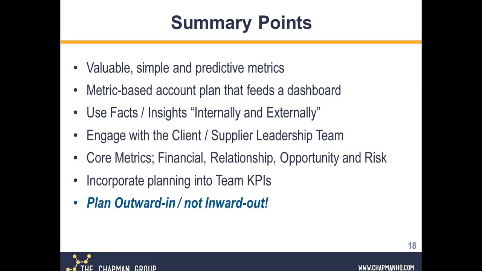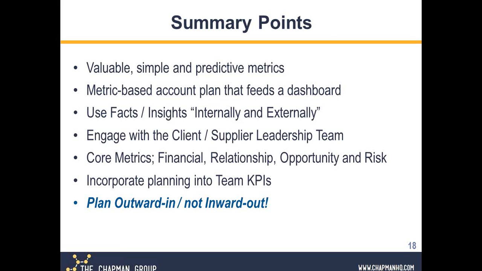And probably my big aha for everyone is to make sure that by using a strategic account plan and engaging the customer as part of the team and getting their feedback and including that, I'm now planning outward in versus inward out. Inward out is sort of planning through our eyes, a very dangerous practice.